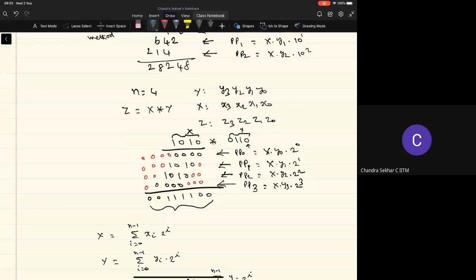what is shown in the black color are actually the partial products. But strictly speaking, these partial products will be of 8 bits in length, because the final product will be 8 bits in length. So each partial product actually is 8 bits, but in the case of the unsigned integers, all these extra bits that we have here are all zeros, because we are dealing with the unsigned integers.